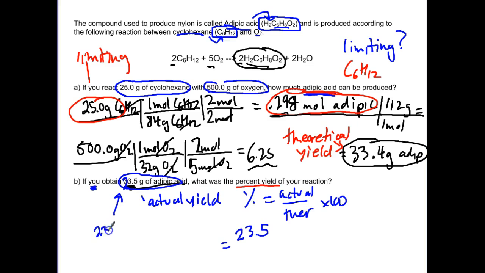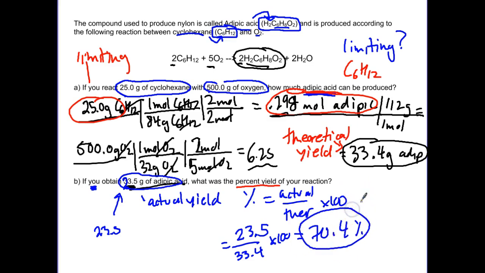This should have said 23.5. That's on me, my bad. 23.5 over 33.4 times 100. So 23.5 divided by 33.4 times 100 is about 70.4%. So that is essentially the efficiency of the reaction.